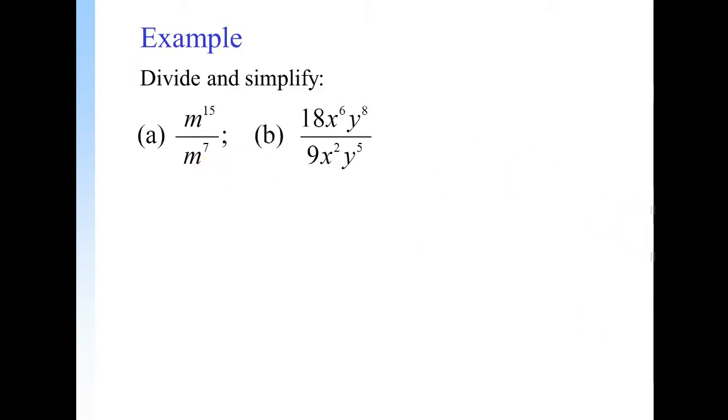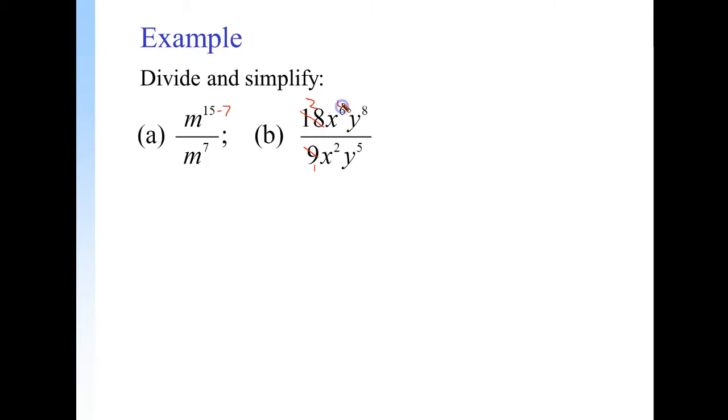So here, we're going to take the 7. As it crosses the division bar, it becomes a negative 7. So this will give us m to the 8th. Now here we're going to do some canceling. 9 goes into there once. 9 goes into there twice. We're going to bring the 2 up. It's going to become a negative 2.